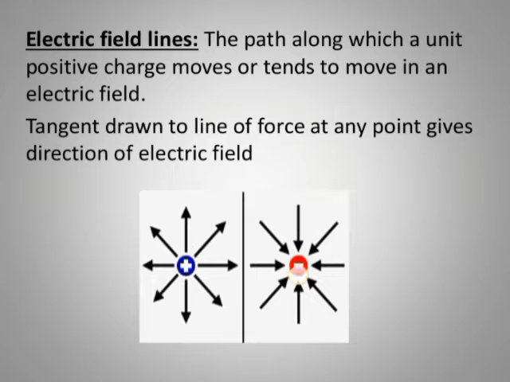Now if I consider the negative charge, you can see the electric fields are inward. It is directed inwards for negative charge, and it is radiated outwards for the positive charge. This is what the direction tells you, and it is just for our convenience that the directions have been given.